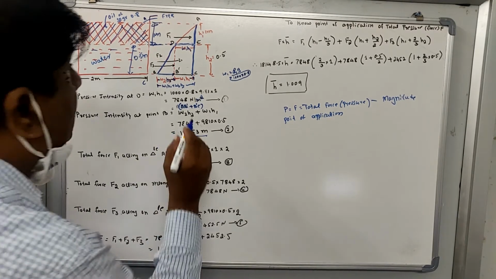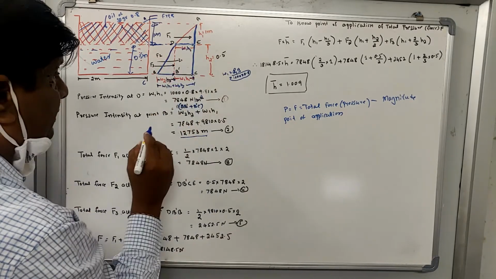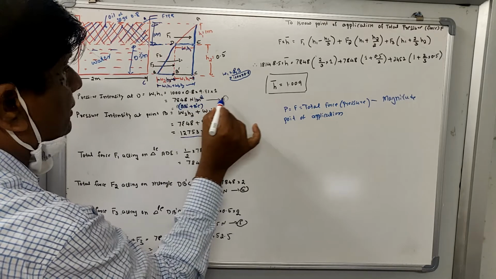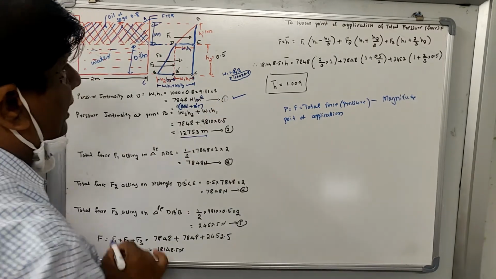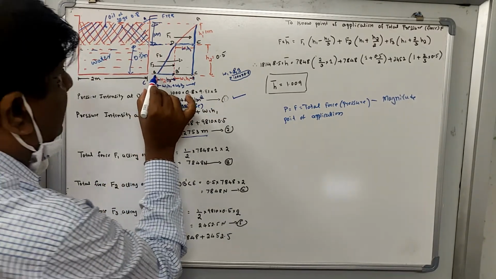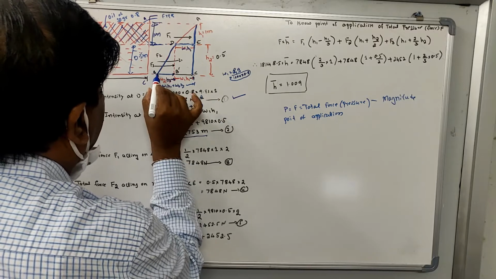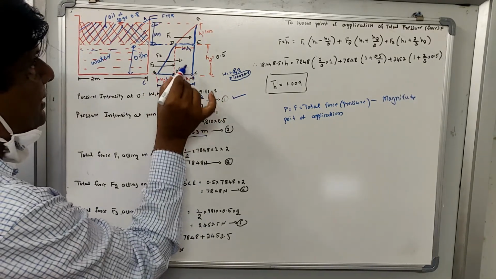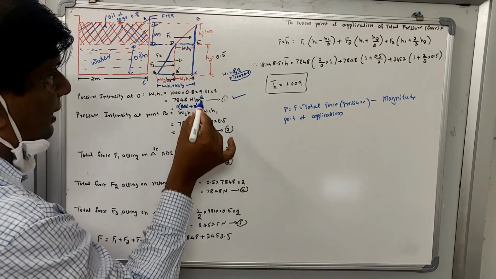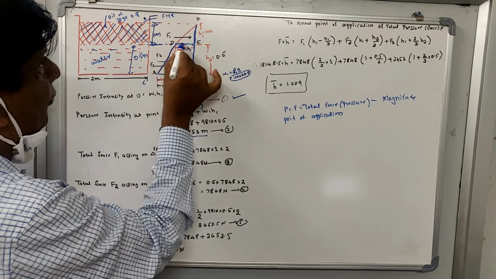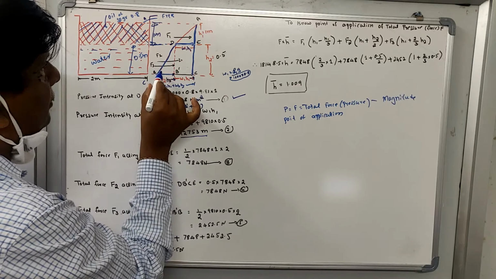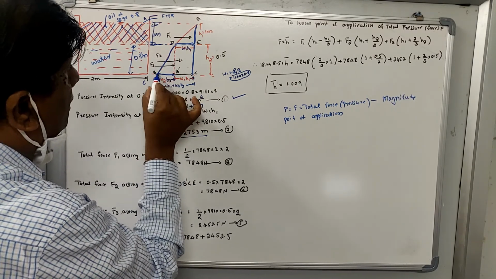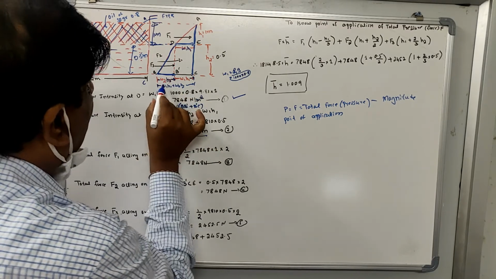Now the total force acting on the triangle. Okay, so these are the pressure intensities. Pressure intensity at point DE is equal to 7848. Pressure intensity at point B, that is B dash plus B dash C. B dash C is W1H1, that is 7848, and this is equal to W2.